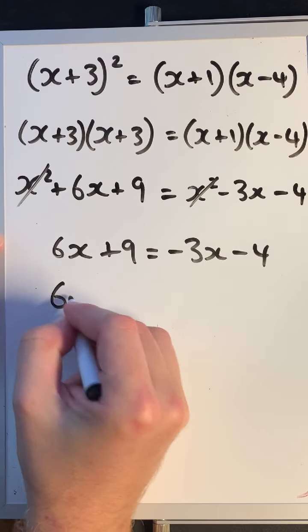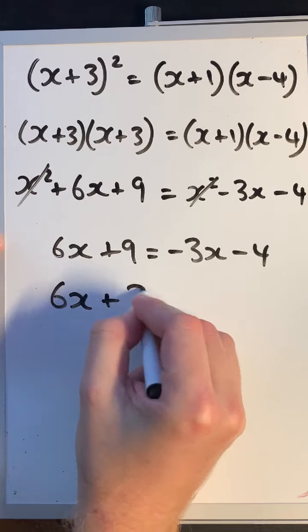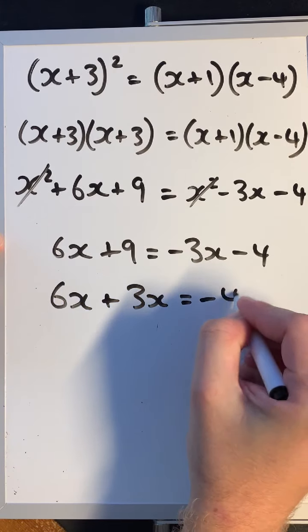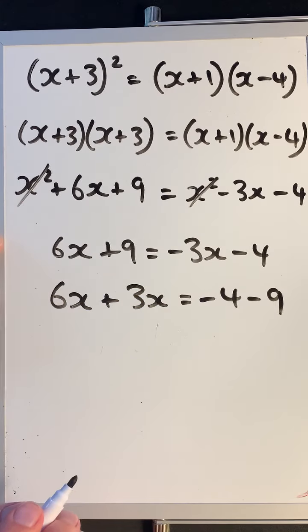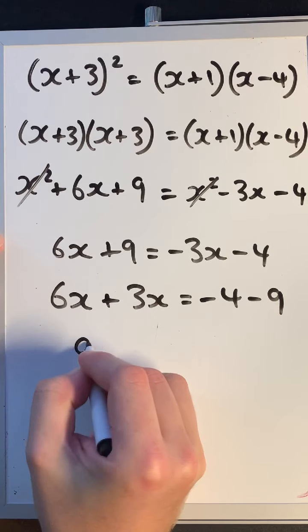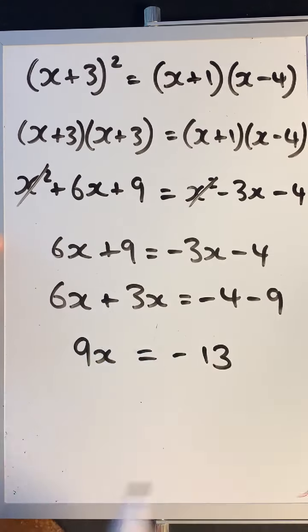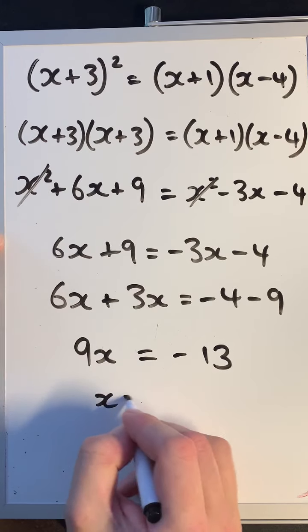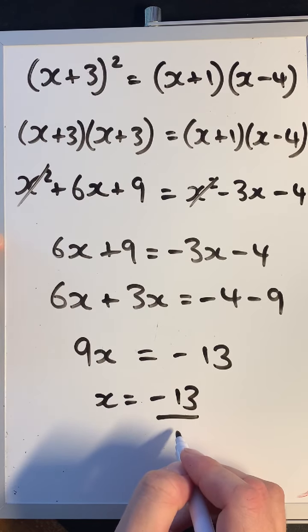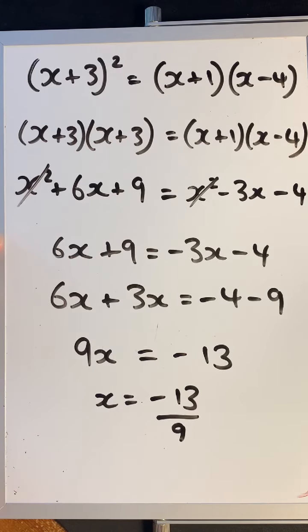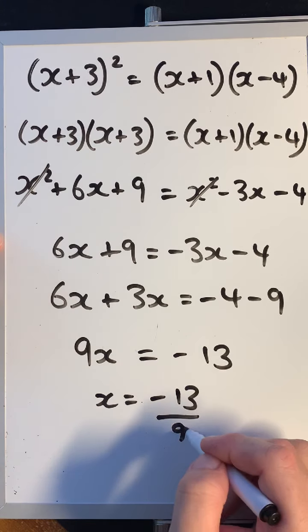I'm going to take the x's to the left, numbers to the right, and we're left with then 9x is equals to minus 13. So x is minus 13 over 9, okay, which is minus 1.44.